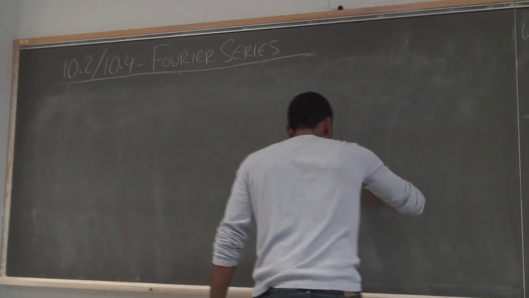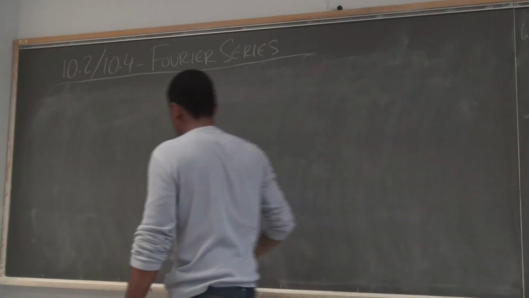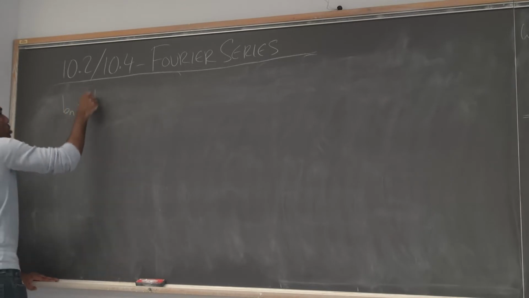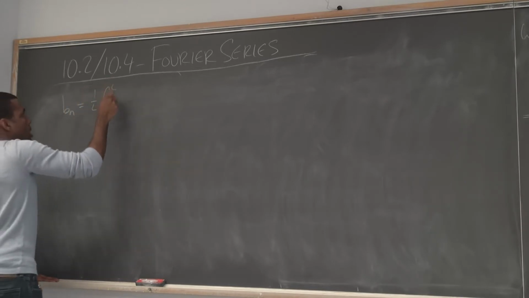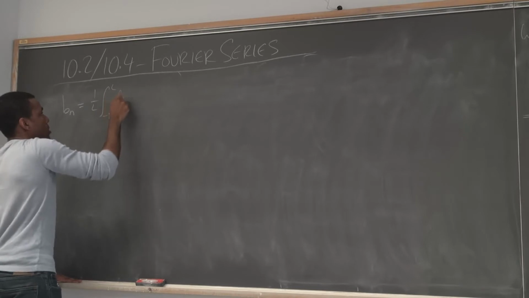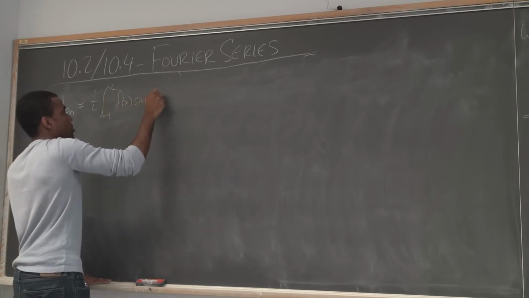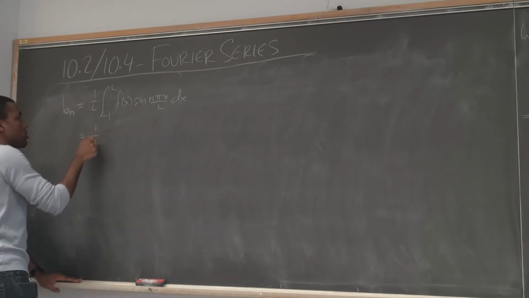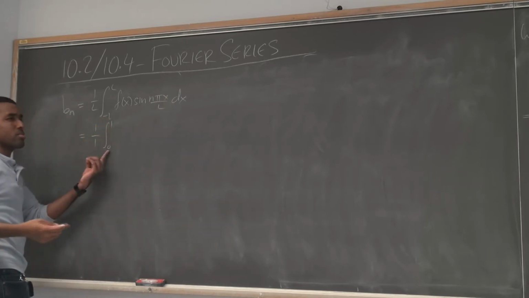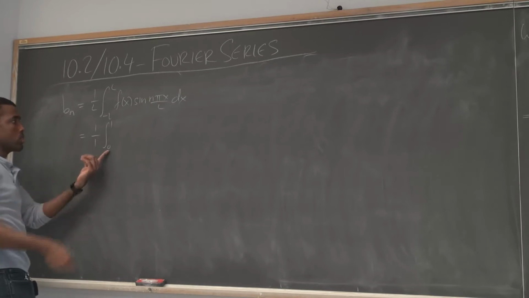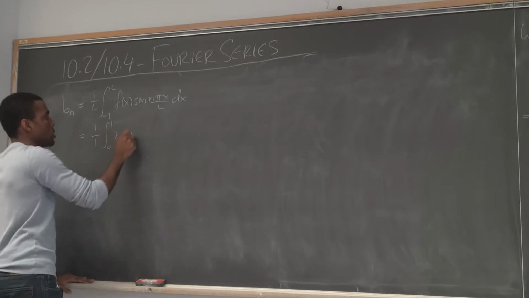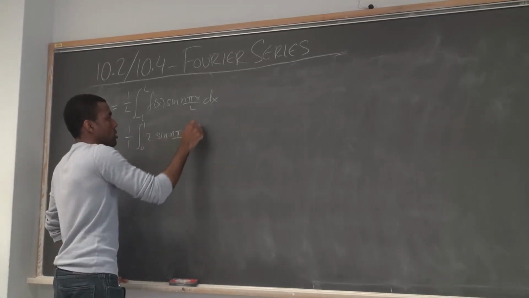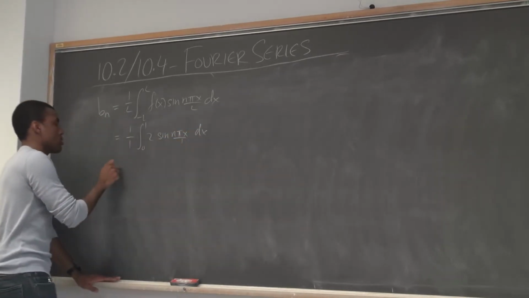So now we know that all an's except the first one is 0. And what about the bn's? Well, this is 1 over L times the integral from minus L to L of f of x sine n pi x over L dx. So this is 1 over 1 times the integral from 0 to 1, because from minus 1 to 0 it's 0, of 2 sine n pi x over 1 dx.